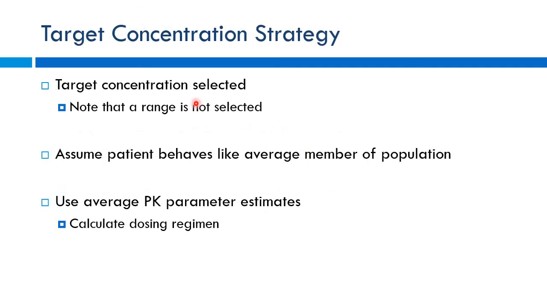Okay. Usually we're going to be shooting for a specific target concentration. I usually try to shoot for the middle of the road. If my range, for instance, is 10 to 20, I'll shoot for 15, essentially, right? By shooting for that concentration, I can calculate what actual dose I'm going to give to achieve that. And then usually for our patients, we're going to assume that they're an average member of the population, unless they have something obvious that I need to account for.